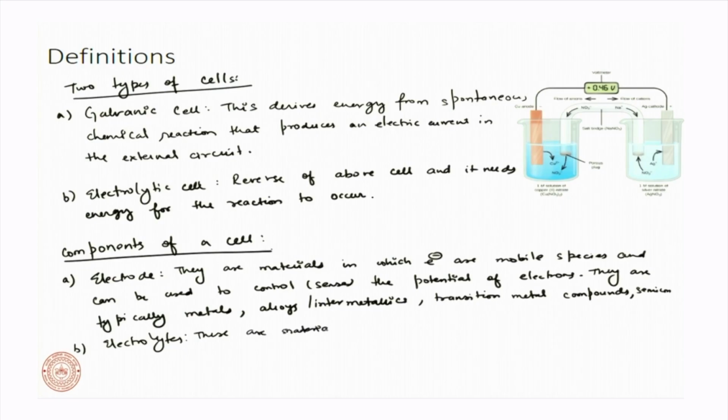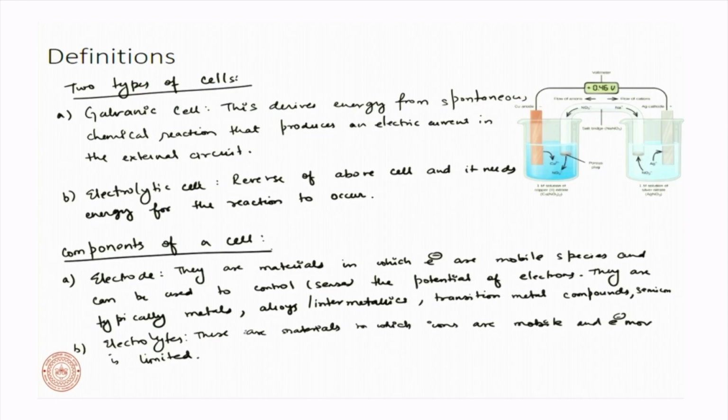So, these are materials. So, ions are mobile and electron movement is limited. Right. So, electron motion is limited, ion motion is free.